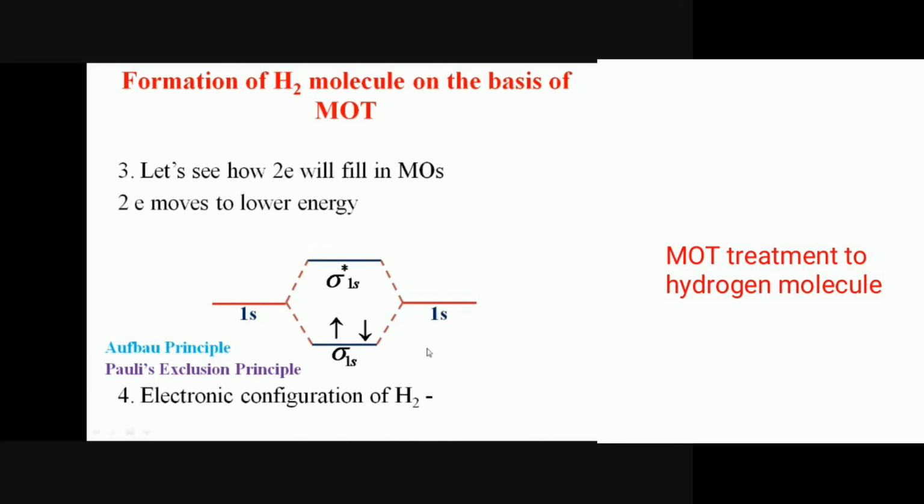We just have to follow the route from lower to higher always, as we do with the Aufbau principle, where electrons are filled from lower to higher energy level. Similarly, we write the electronic configuration of the molecular orbital from lower to higher energy level like this. So this is the electronic configuration of the hydrogen molecule: sigma 1s2, sigma star 1s0.